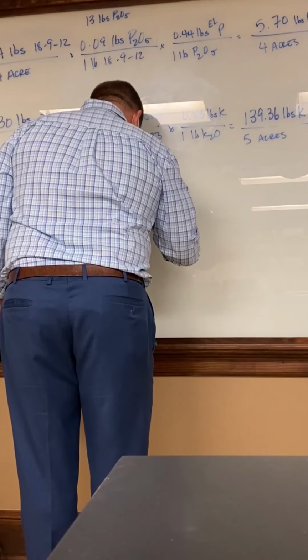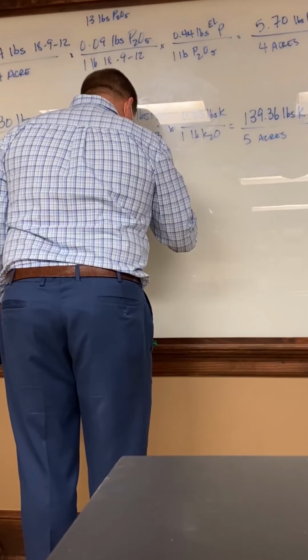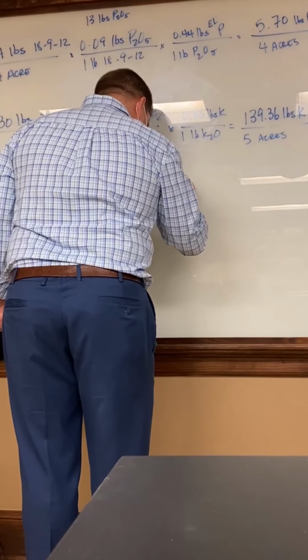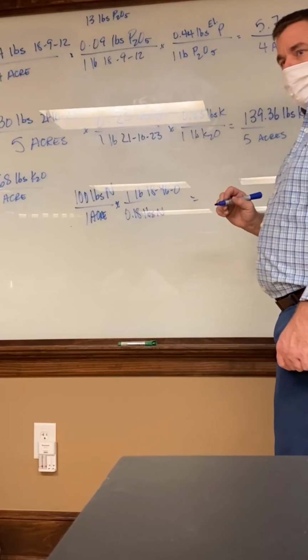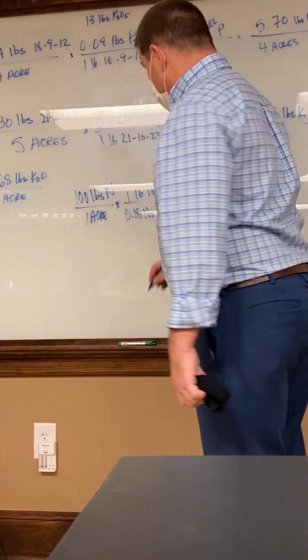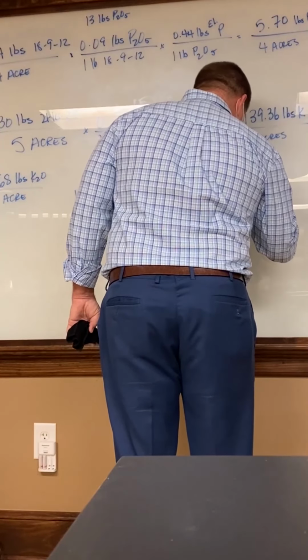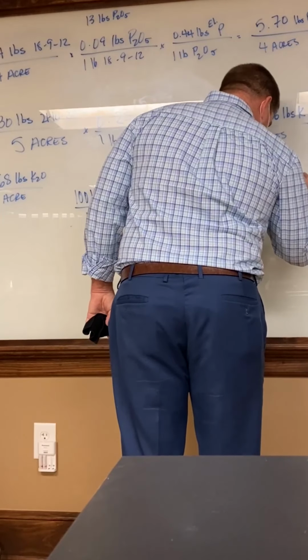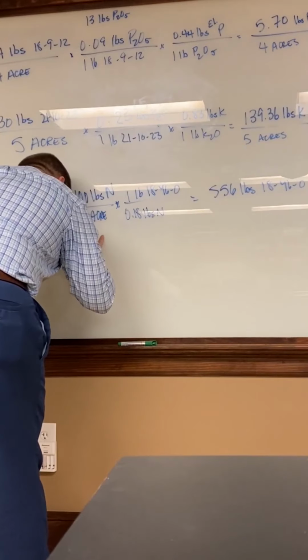There are 0.18 pounds of N in 1 pound of 18-46-0. That is going to equal 100 divided by 0.18, which is 555.56. So you need 556 pounds of 18-46-0.